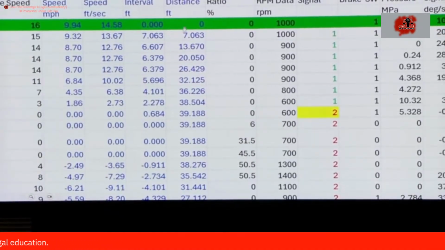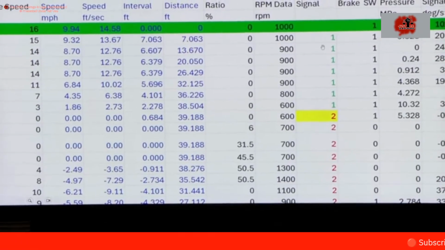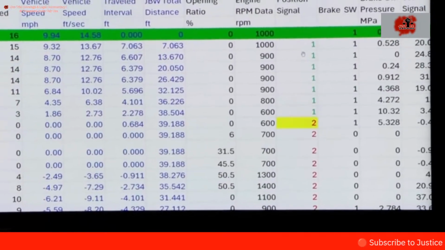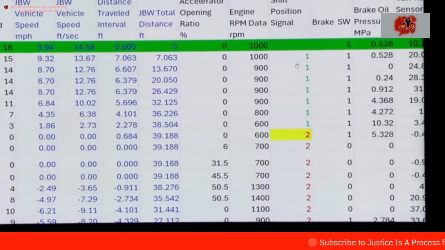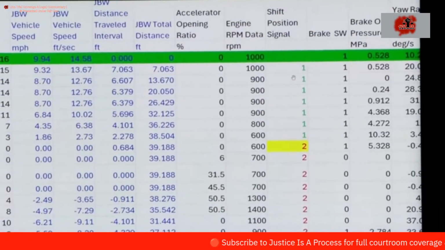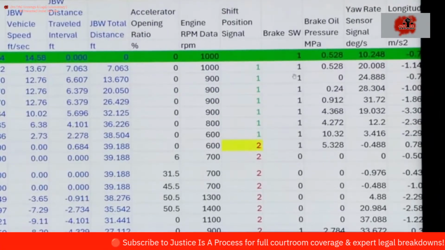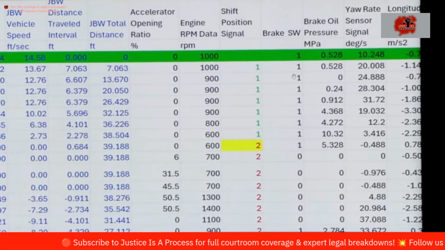We looked at the total distance traveled, shift position. In the text stream data, a shift position of 1 indicates you're in drive. A shift position of 2 indicates you're in reverse. There's no zeros. What would a zero indicate? 0 is usually neutral, and I believe 3 is park.